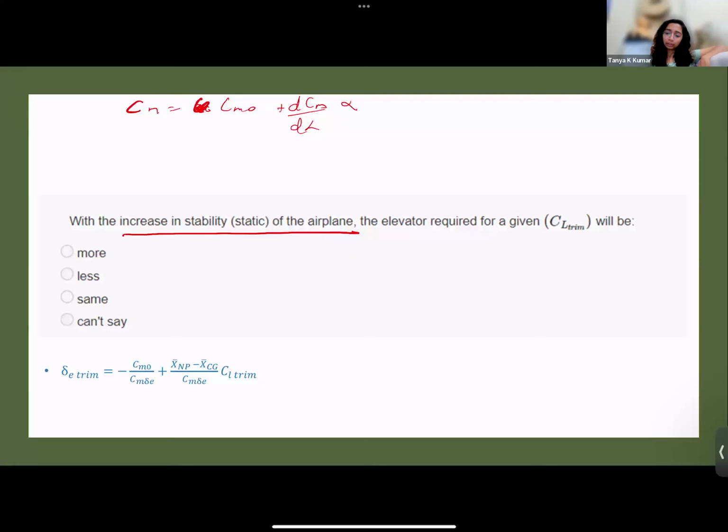What was the condition for longitudinal static stability?